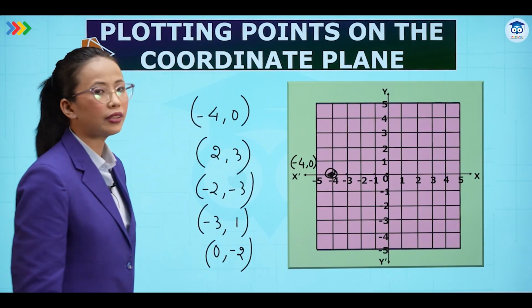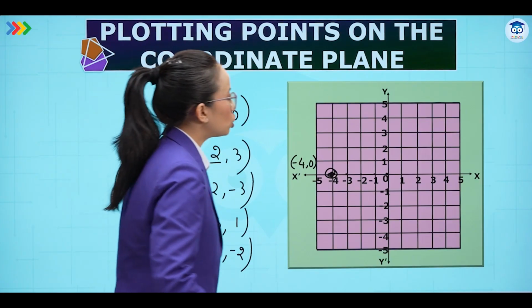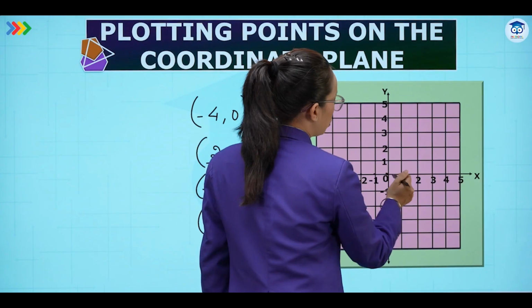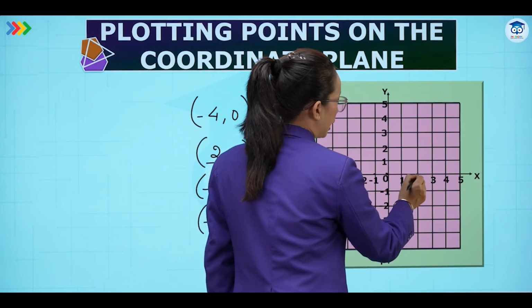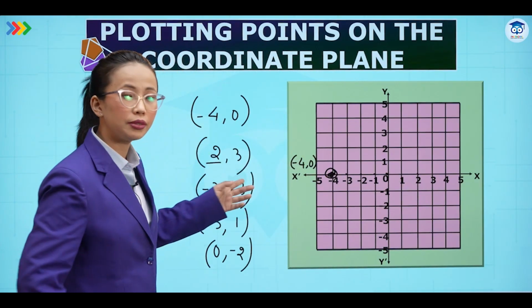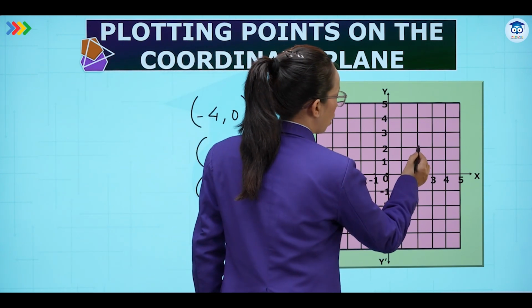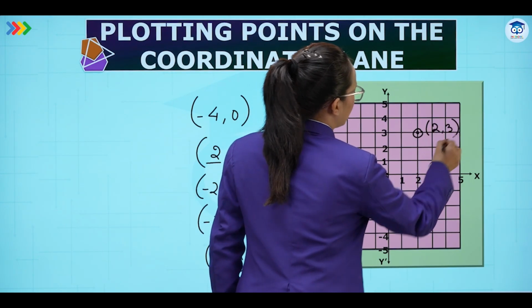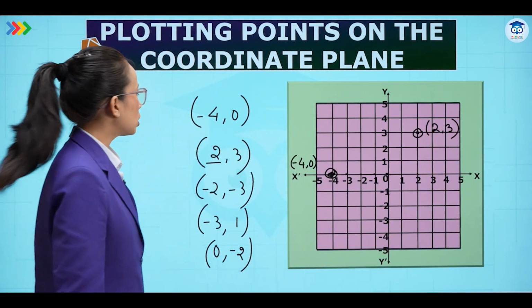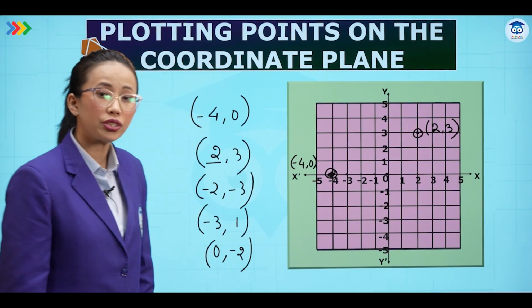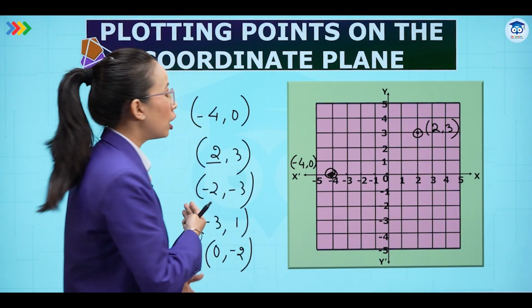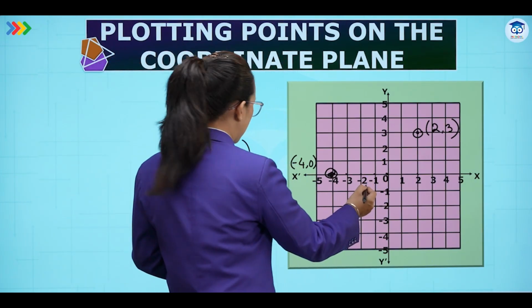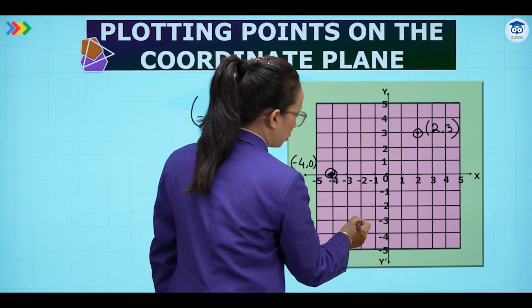Next we have 2, 3. The first value is 2, so we will move 2 steps toward the right side. So 1, 2, right? And then this is 3, positive, so we'll go up 3. So 1, 2, 3. So this represents 2, 3. Next, we have -2, -3. -2 will start moving towards the left side, 2 steps, 1, 2. And then -3 will go down, 1, 2, 3.